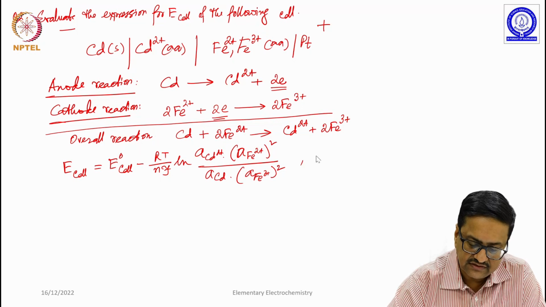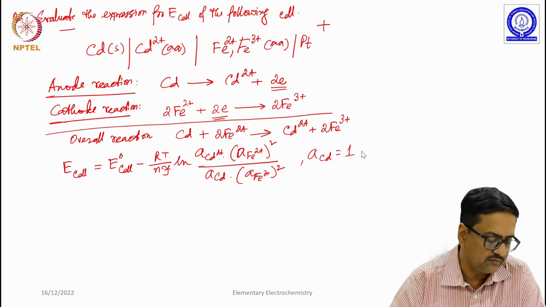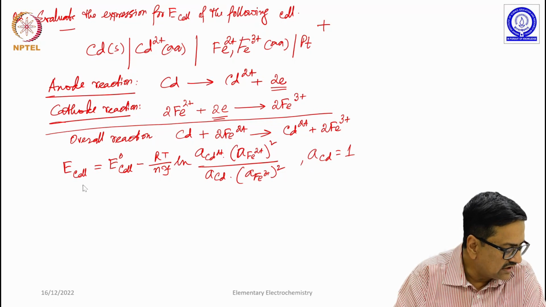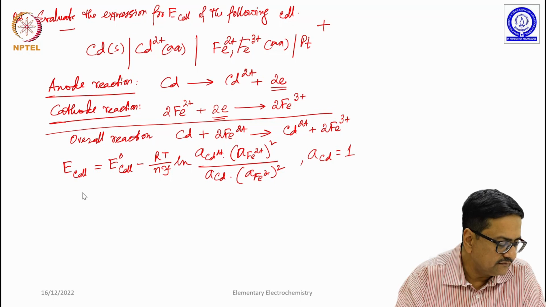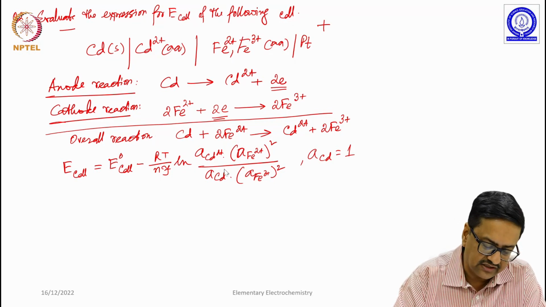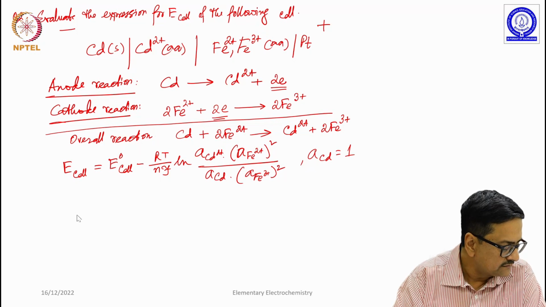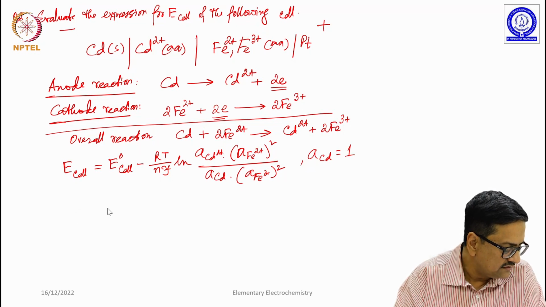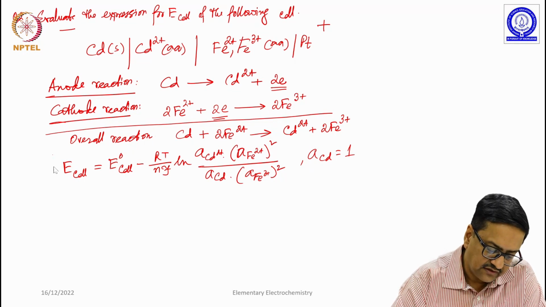And now one can set the activity of Cd equal to 1 because it is a pure metal. So one can write the E cell without the activity of Cd.